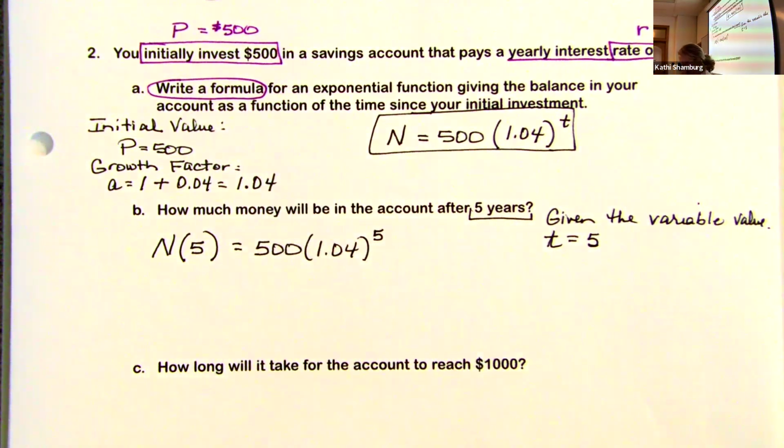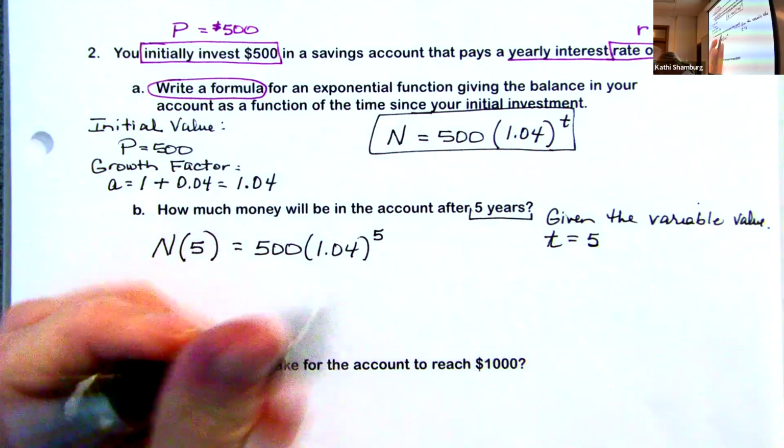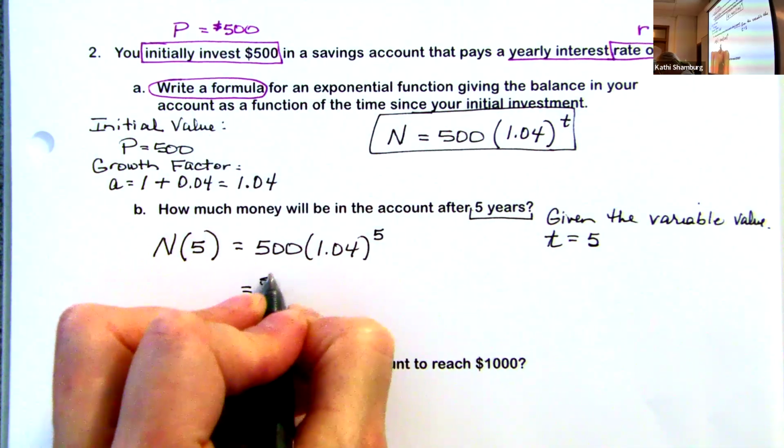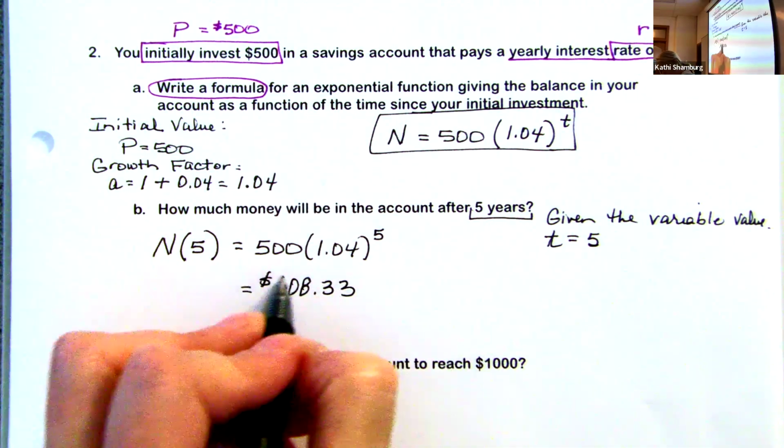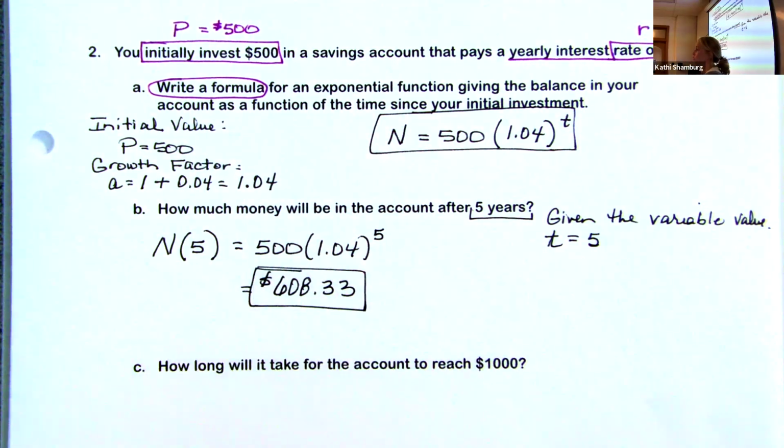So, all right, has anybody got that calculated? 608. All right. That's all it asked for, so I'd be done. But let me ask you, if I was looking at this and said, okay, how much money did I earn in interest? $108.33, right?